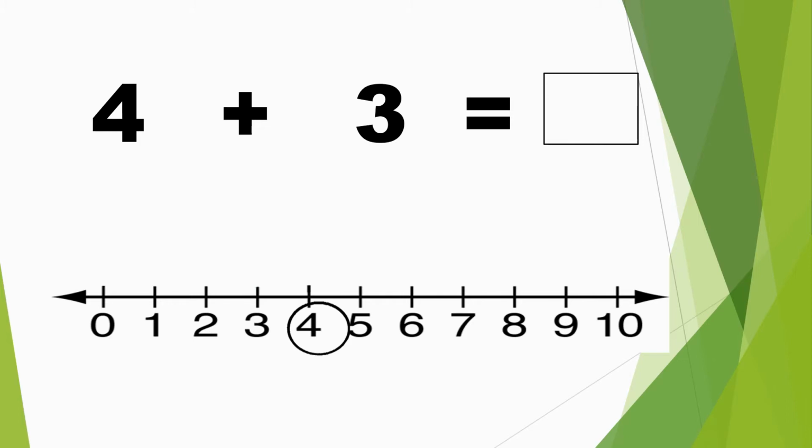Now I know hopping means going to the next number. So 1 time, 2 times, 3 times. So I hop 3 times from 4 and I came to 7. So my answer is 4 plus 3 is equal to 7.